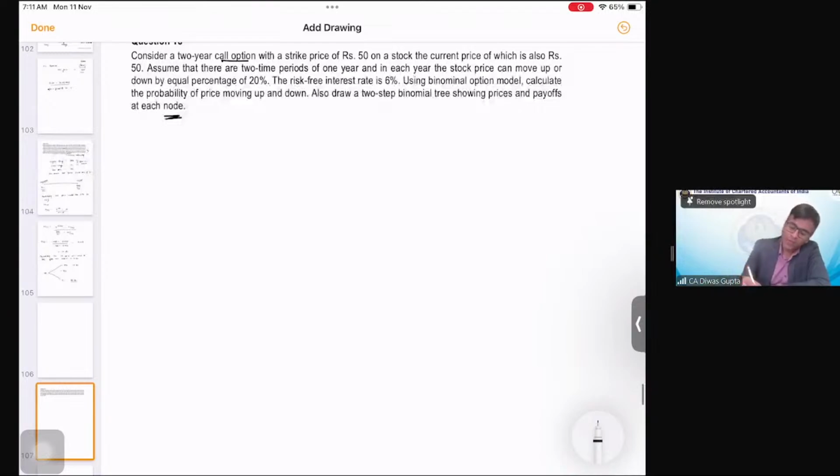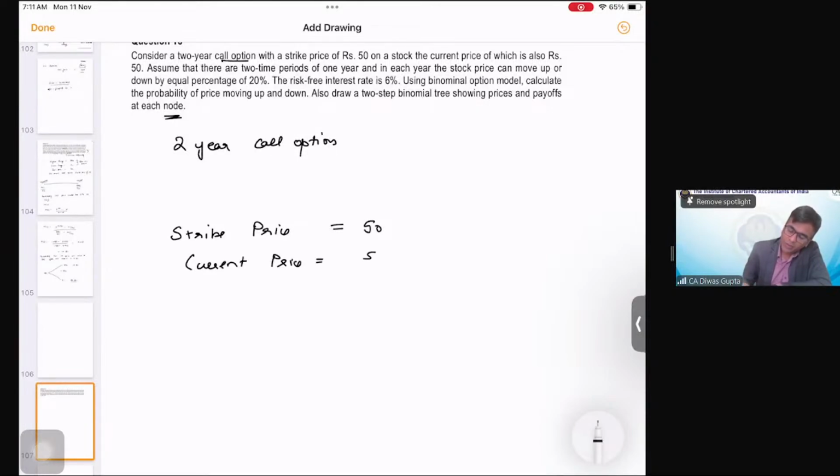Okay. So let's talk about the 2-year call option. So the strike price is equal to 50 and the current price is also equal to 50.